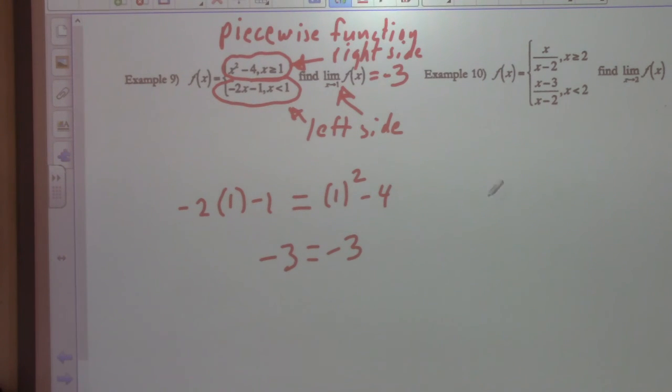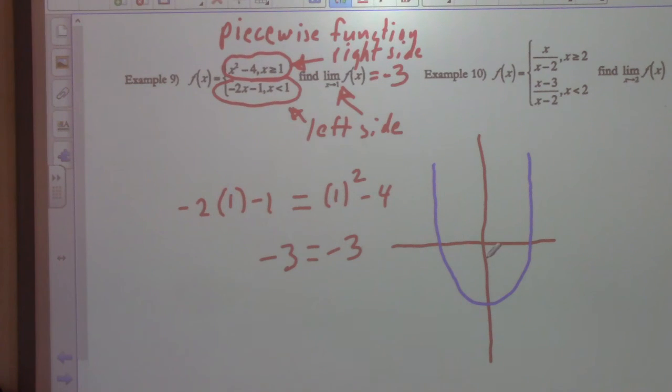So you've got x squared minus 4. What does x squared minus 4 look like? It comes down like this at minus 4. And what does negative 2x minus 1 look like?